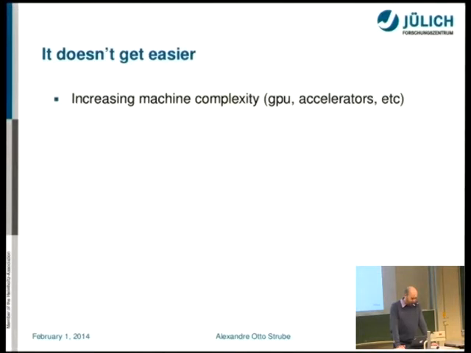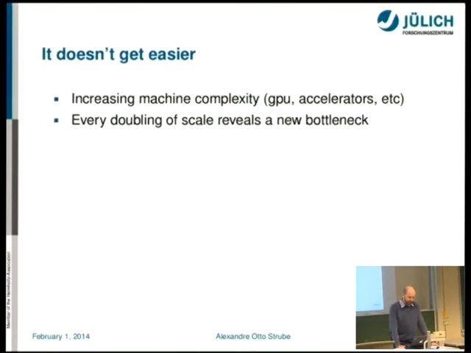Parallel programming is hard, and we have new things: accelerators and GPU programming. When we get to faster scales, we always find new problems. With the increase of performance, we have an increase of data, and no matter how fast our machines are, I/O is still a problem.